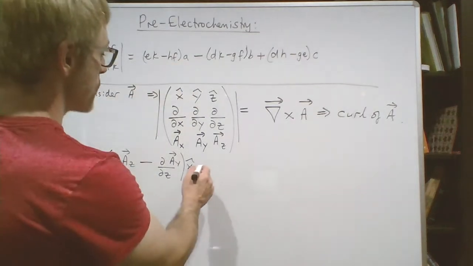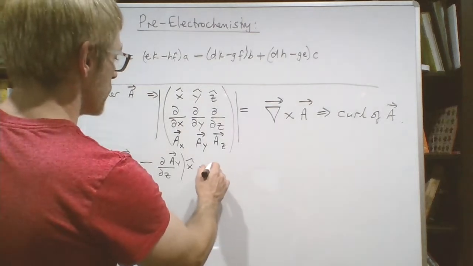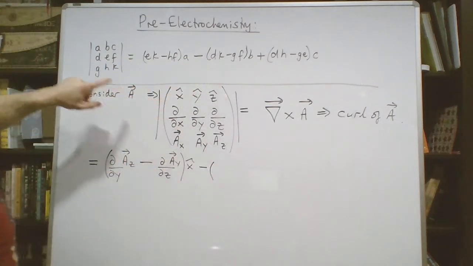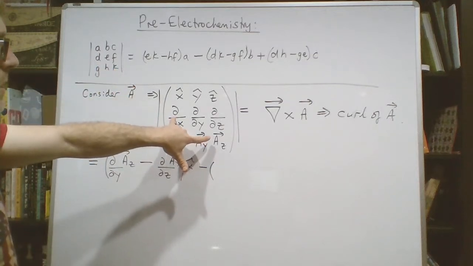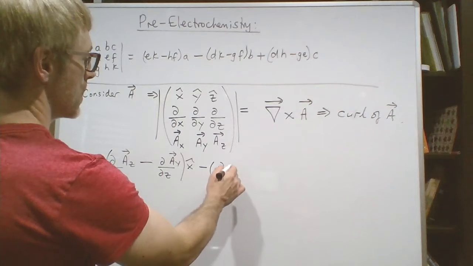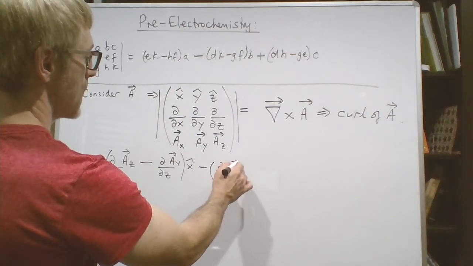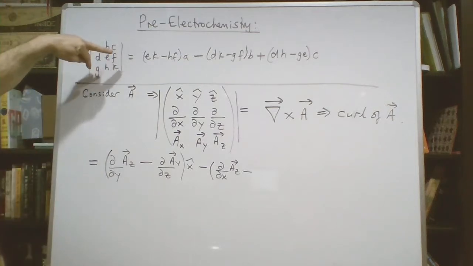Then I've got to subtract from that the Y term. So I've got DK, so that's these two, D and K, which is those two. So it's d by dx, AZ hat, minus, then GF, right?